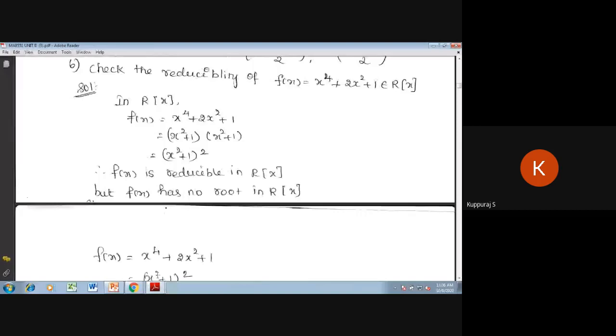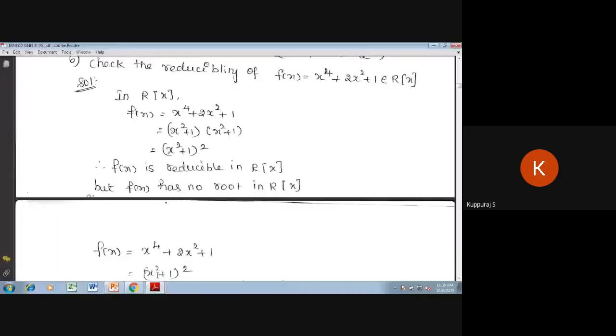So here the polynomial is x power 4 plus 2x square plus 1, which belongs to R[x]. So check the reducibility.